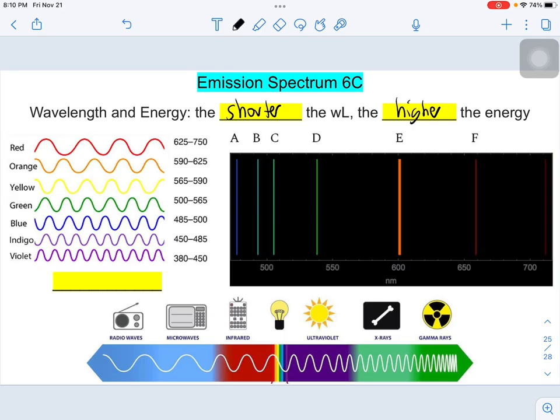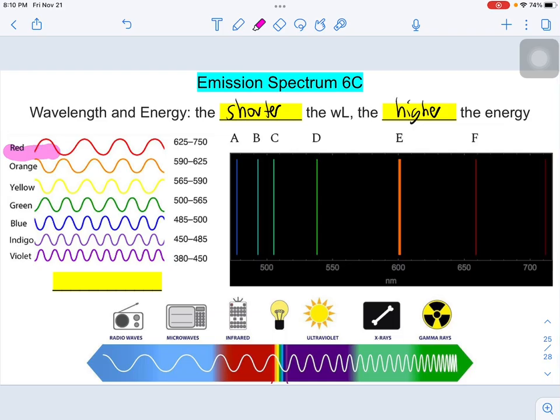Let's go ahead and take a look at the colors of the rainbow. I'm highlighting it in pink right here so you know what we're talking about. You are looking at red, orange, yellow, green, blue, indigo, and violet. Every color has a certain wavelength. And you can see for yourself, you can look at the waves that are being drawn, but you need to understand that a wavelength has an actual measurement.